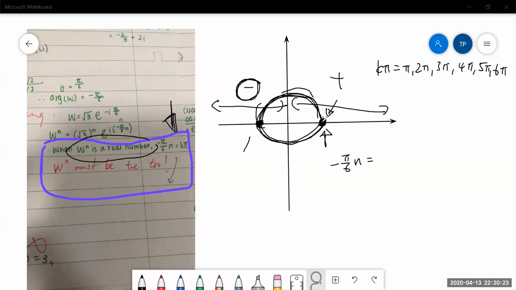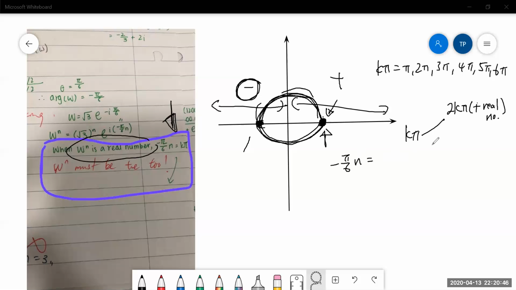Then we add another 2 pi, we get 4 pi, also a positive real number. The question wants it to be a positive real number. So k pi is the general formula for real number, but for positive real number, it must be 2k pi. You can add that to the notes. Okay.